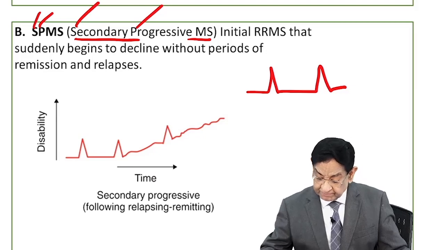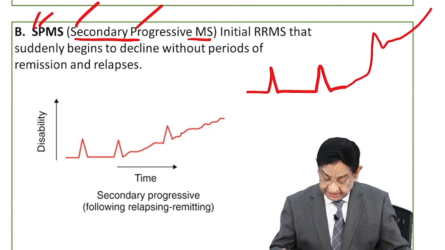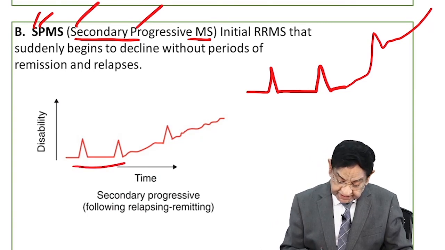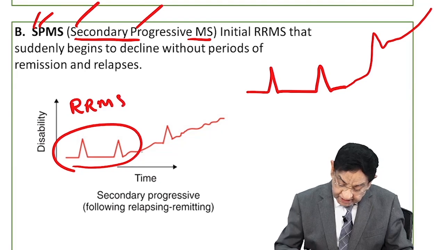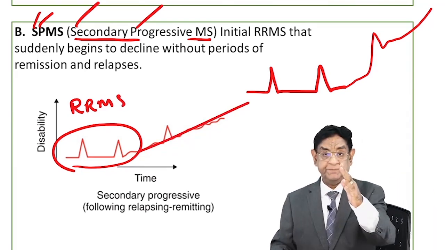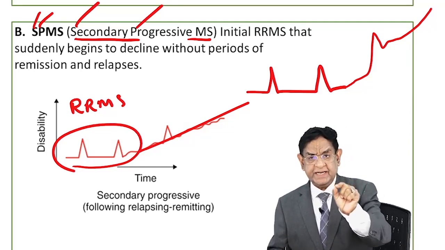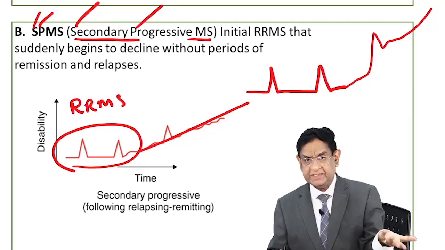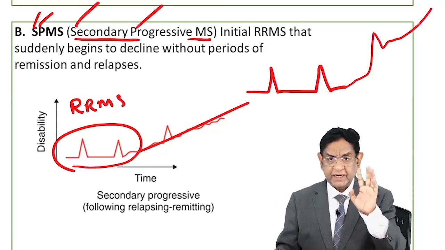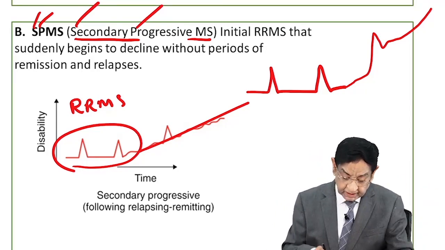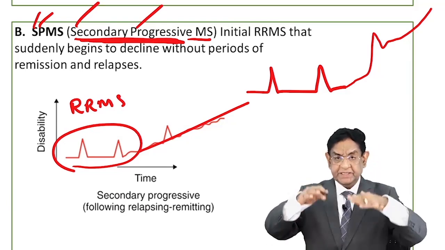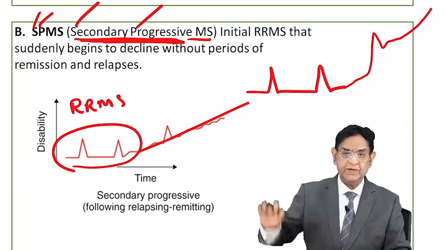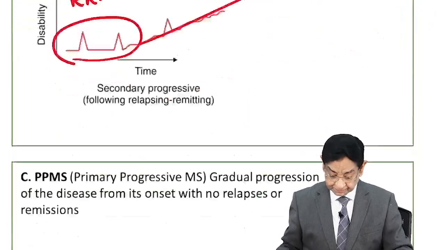But after some time, it starts progressing. So now, after each attack, the patient has some deficit. It's not completely cured. This is so-called secondary progressive. That means initially RRMS, later on it starts going into progression.